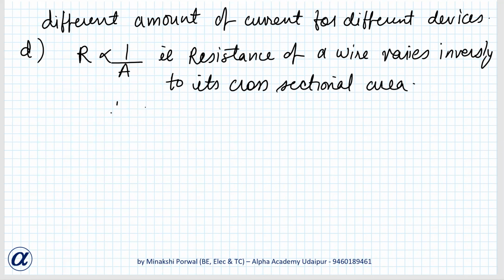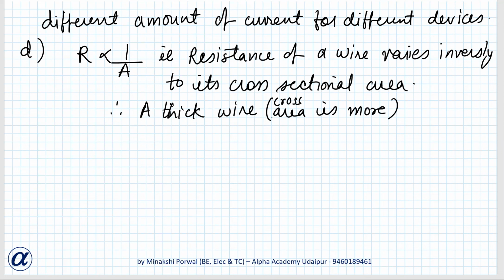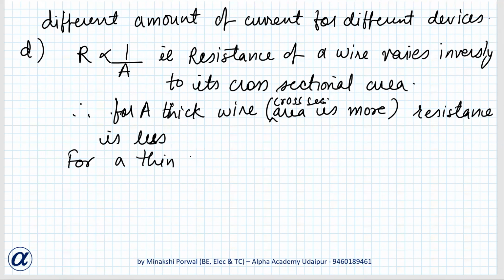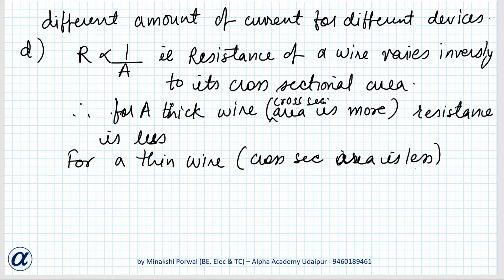Therefore, for a thick wire, the cross-sectional area is more and resistance is less. For a thin wire, the cross-sectional area is less and resistance is more.